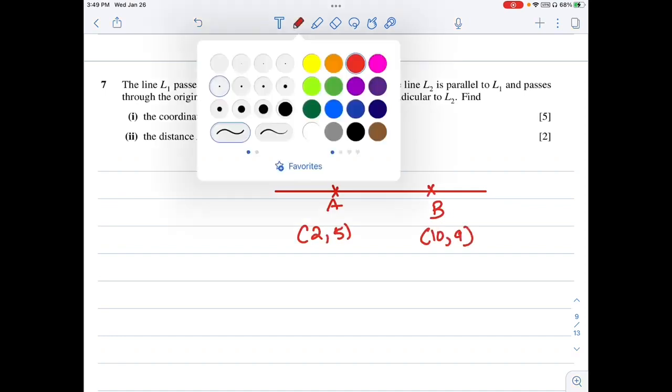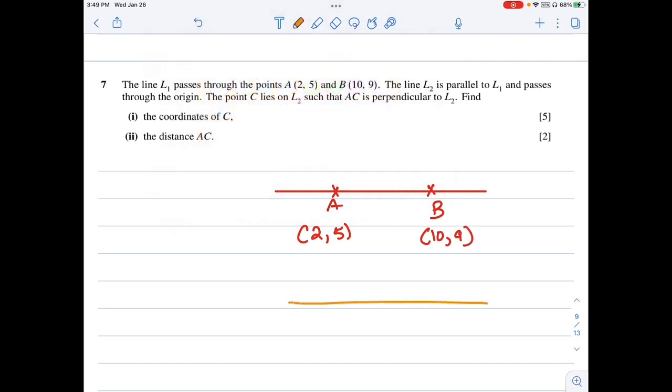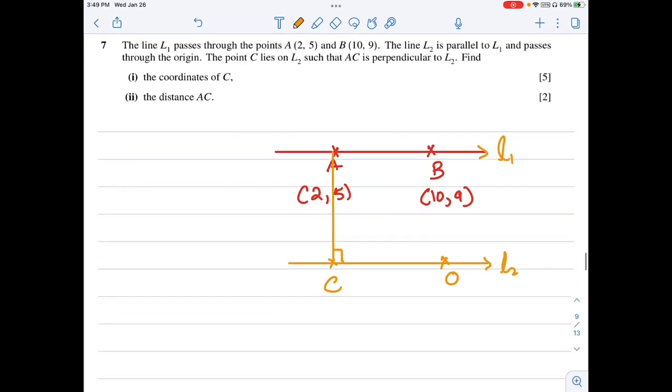L2 is parallel to L1 and it passes through the origin. The point C lies on L2 such that AC is perpendicular to L2. So this is L2 and this is L1.